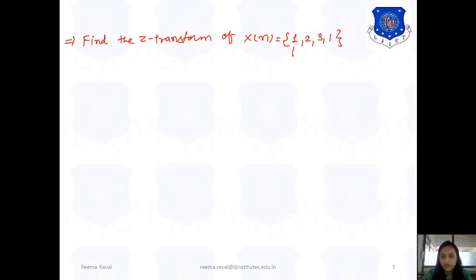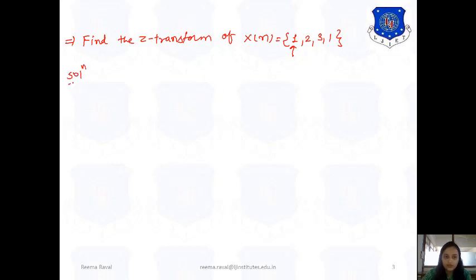Okay. Now let us see one example of Z transform. Let's say for example, you are asked to find the Z transform of x of n equals 1, 2, 3, 1, and the arrow is at the first position. So this is the discrete time sequence given to you, of which you need to find the Z transform.